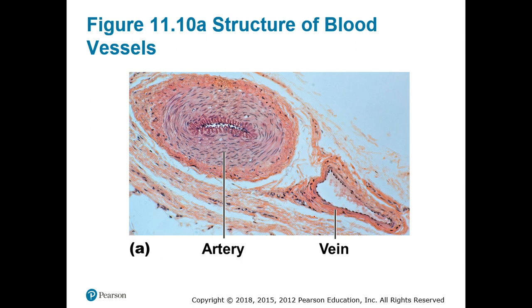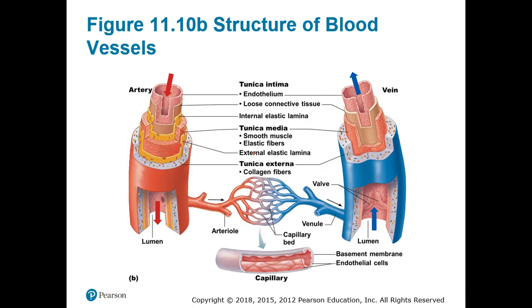So here is a picture of the blood vessel and the layers, an artery versus a vein. And one thing I really want you to understand right now is arteries. You're going to see that their structure is a lot thicker than veins. And we're going to talk about that here in a little bit. Here is a drawing that comes from your book that kind of shows the three layers. We have tunica intima.